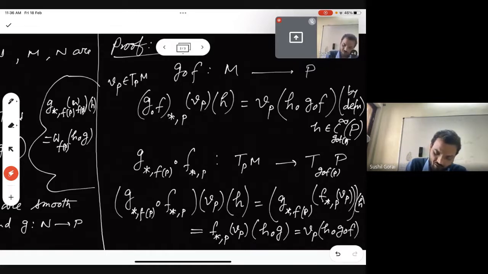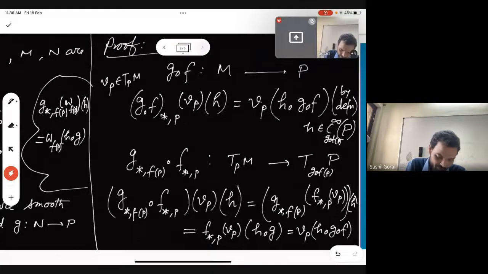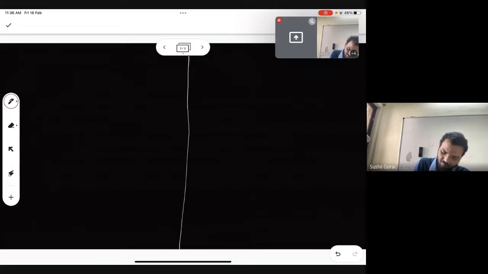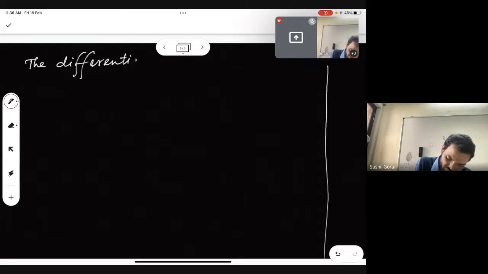Okay. So what is the differential for identity? Identity map. Differential of identity.